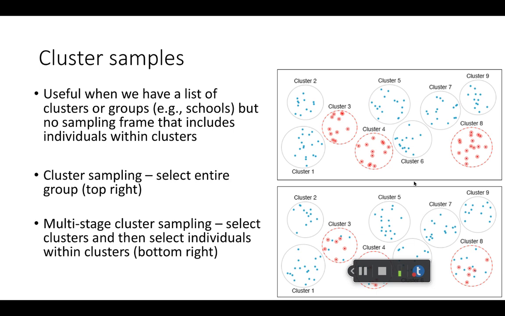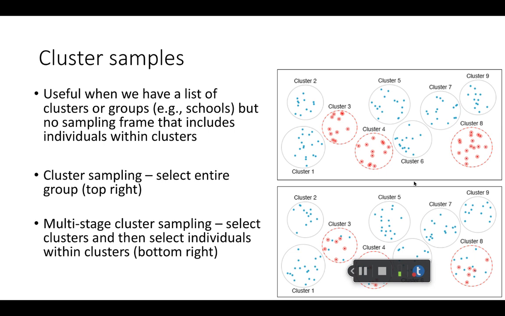Now the picture on the bottom shows a multi-stage cluster sampling scheme. Instead of just taking the whole cluster, we're going to do this in 2 stages. We've selected 3 schools, but we don't want to study the whole schools. We want to study school children, let's say. So we're going to take samples of children within each cluster.